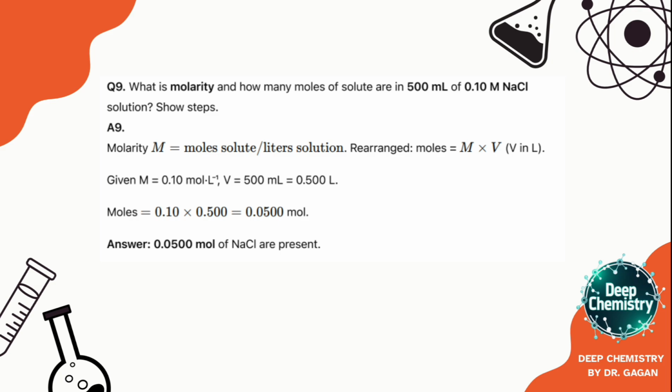So the moles will be 0.10 × 0.5, that is equal to 0.05 mole. That means in 500 mL of 0.1 molar NaCl, there are 0.05 mole of NaCl.